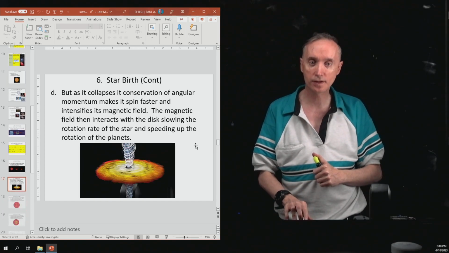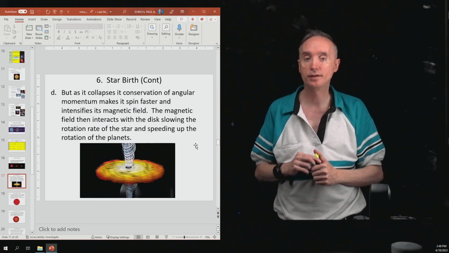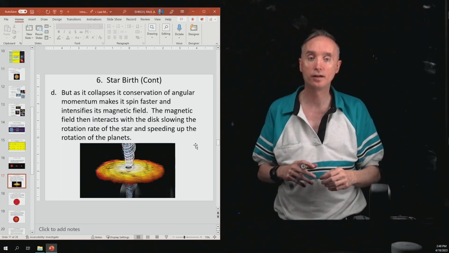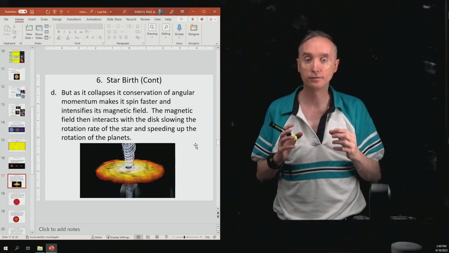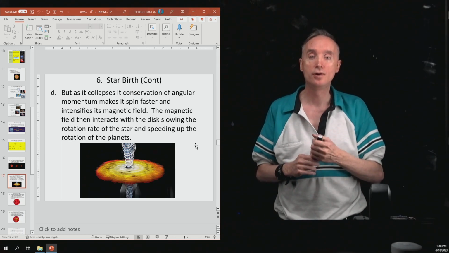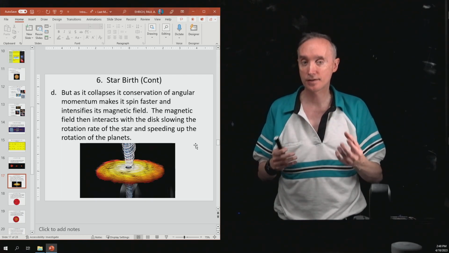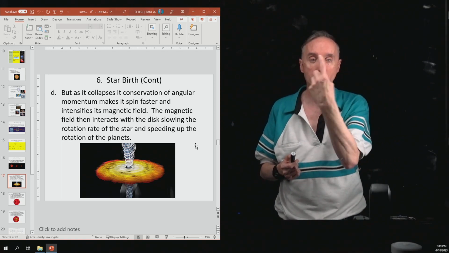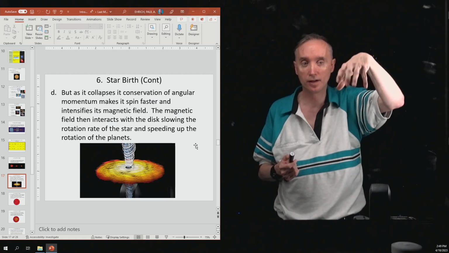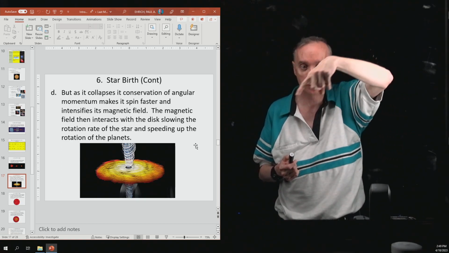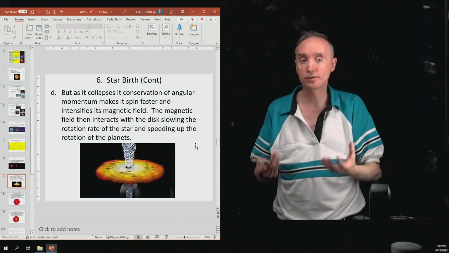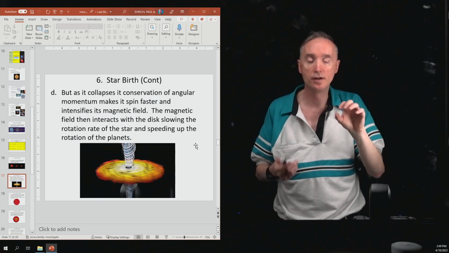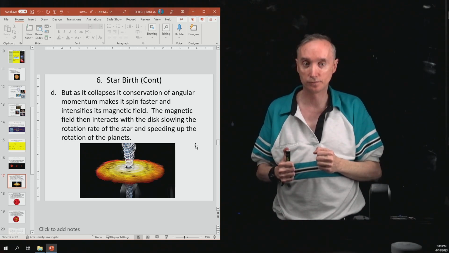Okay, then the next thing that's going to happen is it's going to start to develop a magnetic field. So we said the sun has a magnetic field because the sun is spinning, and so those electrical particles are going around and around, and we said that electrical particles, when they're moving, generate magnetism.